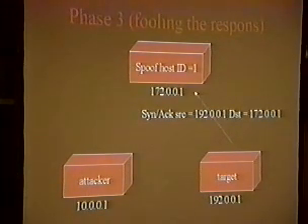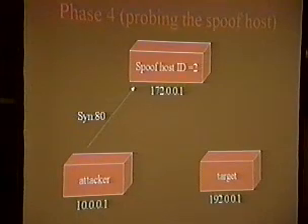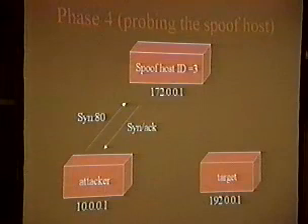The decoy host then sends a reset, and then we send our poll packet again. He will respond to our attack host, and his ID number will be 3. Then we know that it should really just be 2, because we only sent 2 packets to him. So someone else sent him a packet.